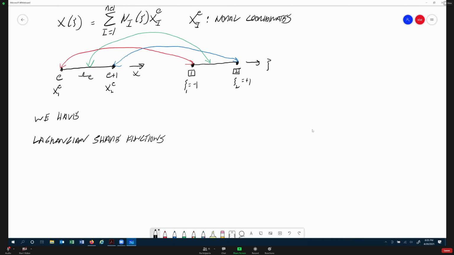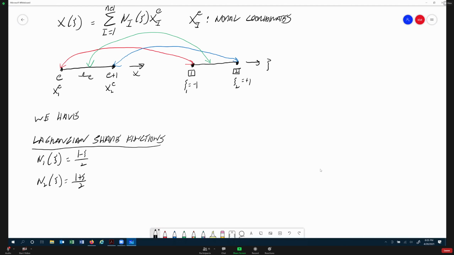And remember, for the simple solution, it was just N1(ξ) is equal to 1 minus ξ over 2, and N2(ξ) is equal to 1 plus ξ over 2. So those are our Lagrange shape functions.